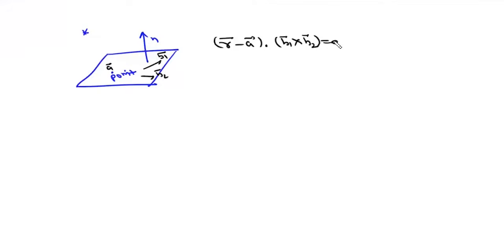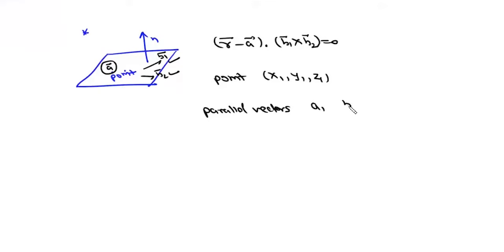So for all such questions where we are given two parallel vectors b1 and b2 and a point in the plane, we are going to write this equation directly, and we'll write this equation in terms of a point which is say x1, y1, z1, and two parallel vectors say a1, b1, c1 and a2, b2, c2.